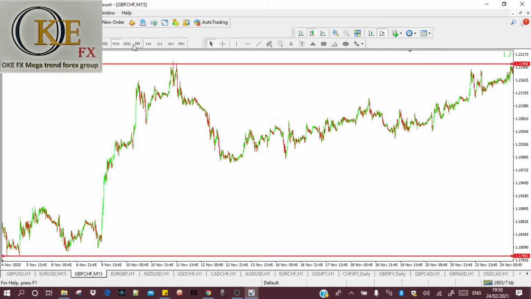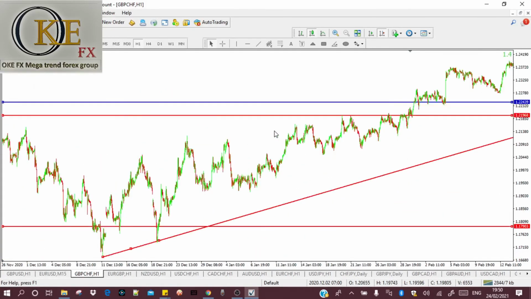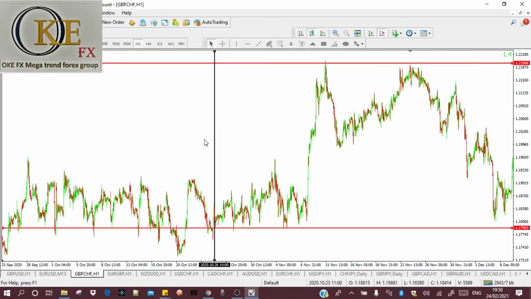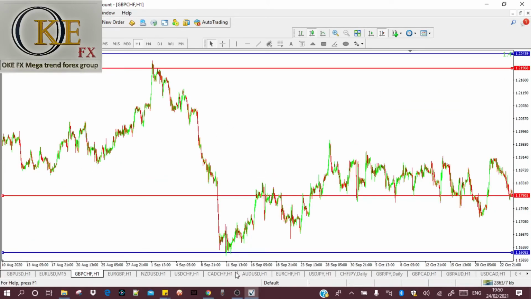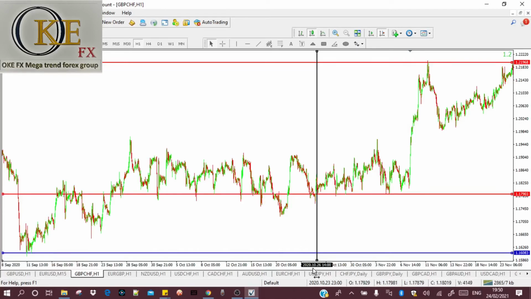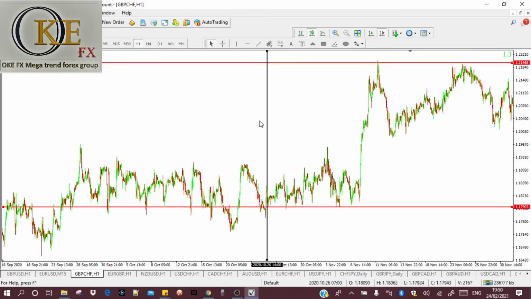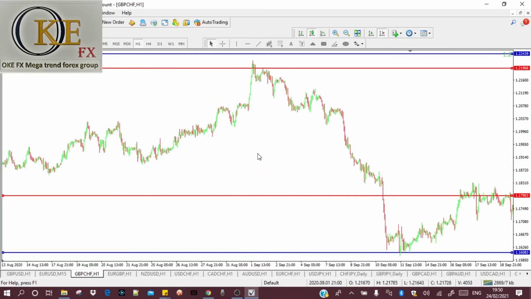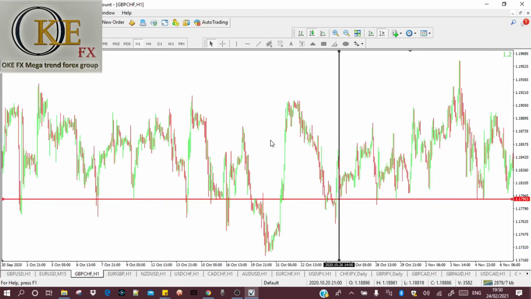Okay, finding it difficult locating it, but I really need to show you this. Okay, this should be around September. That should be around 26th of October 2020. And let me zoom in gradually.